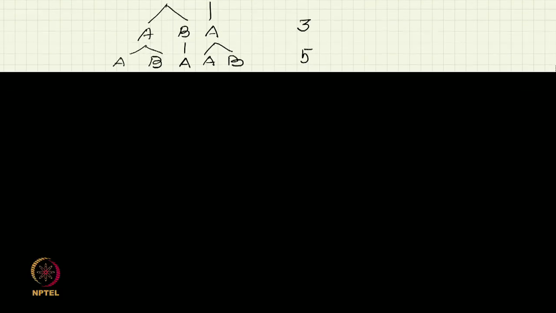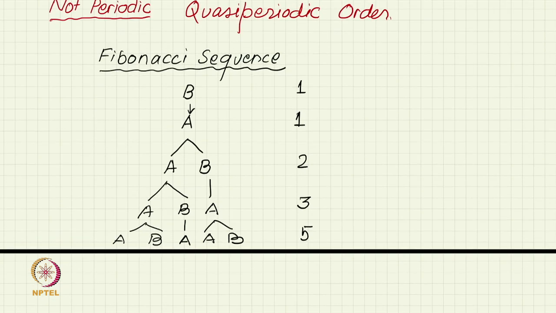Now, how does it relate to quasi-periodicity? In quasi-periodicity you can think of B as a small segment, and A as a large segment. So, you have two length scales.